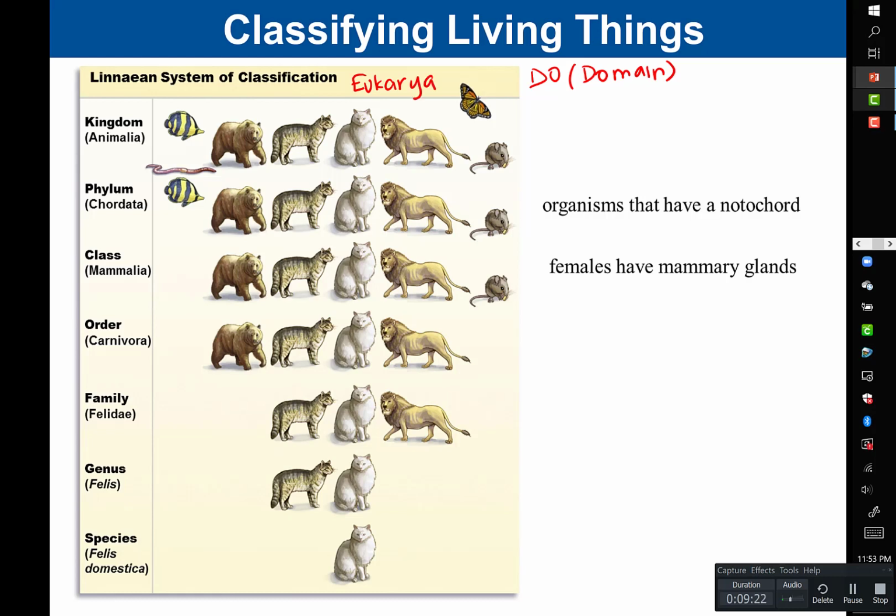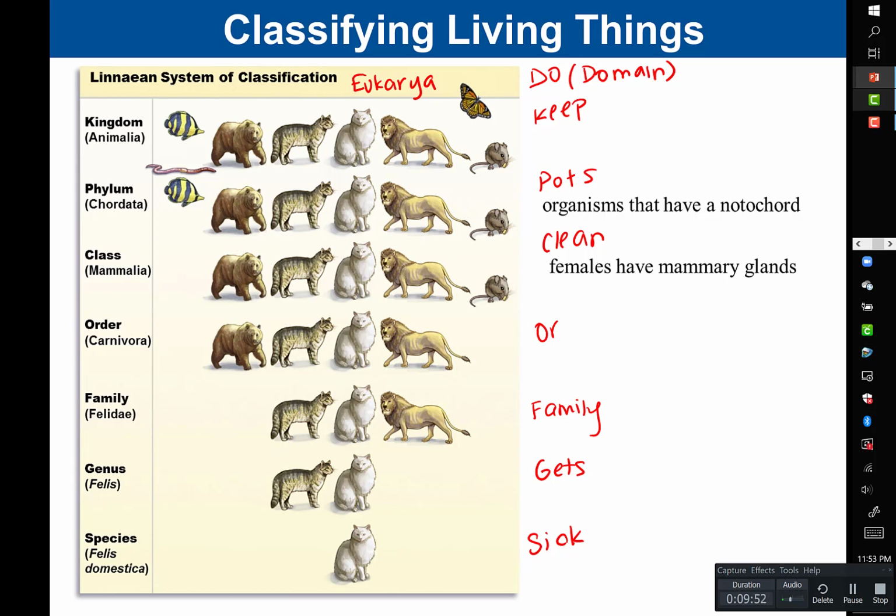Do, keep, pots, clean, or family gets sick. So this is how I remember the classification scheme.